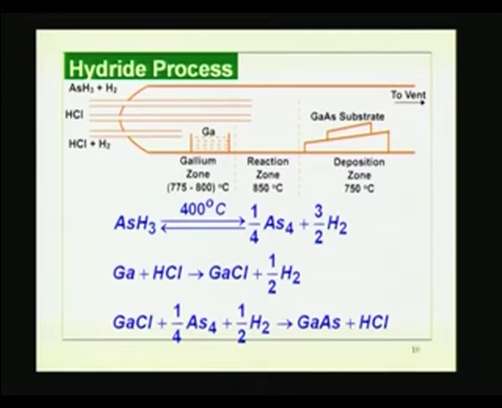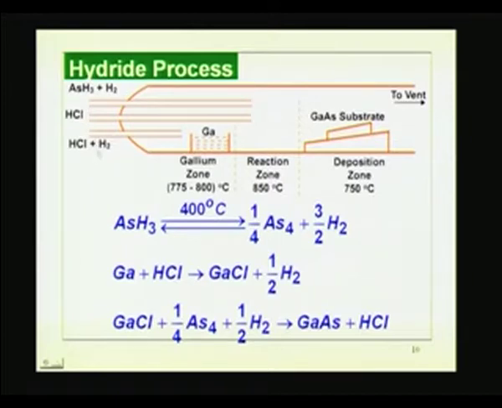You can see it here, just quickly go through that. Arsine breaks up into As4 and hydrogen. Then here HCl is passed also onto this. In the previous reaction, you converted the gallium to gallium arsenide and allowed arsenic trichloride to react with that, to release gallium chloride, to transport gallium.